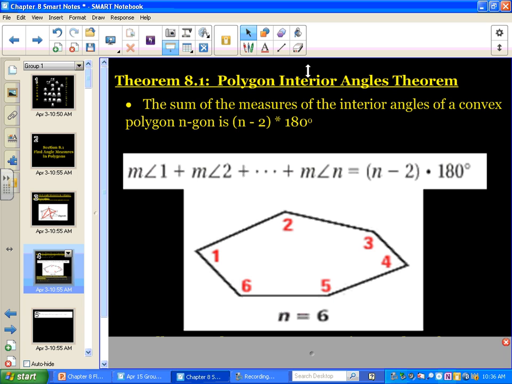N in this theorem represents the number of sides or the number of angles, depending on how you want to look at it.